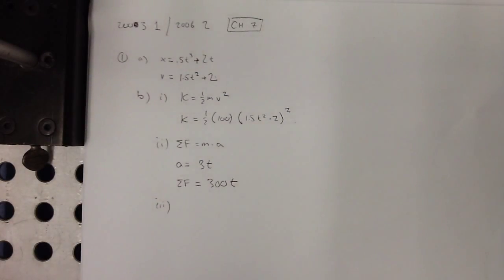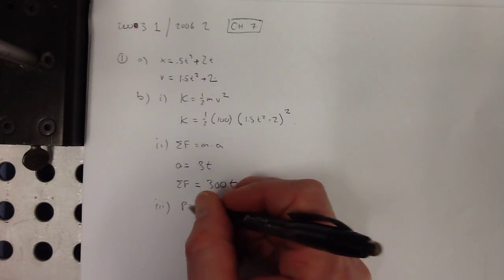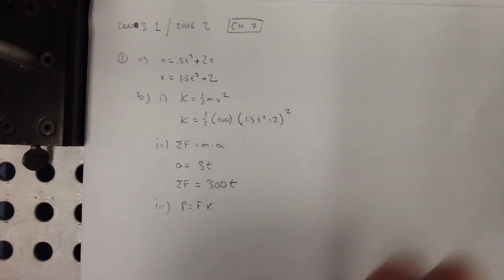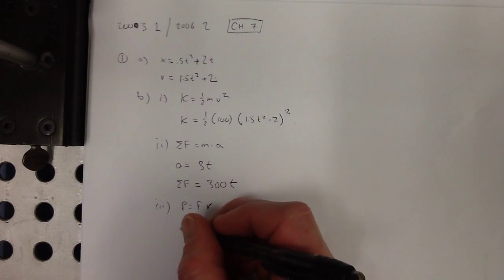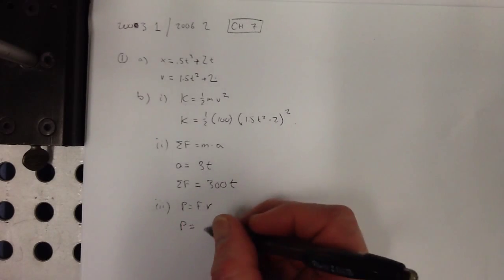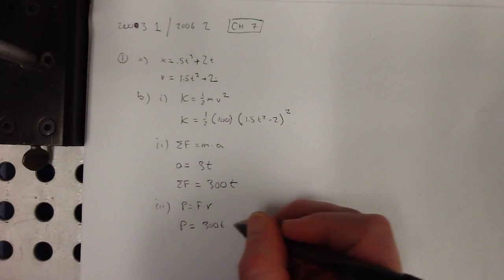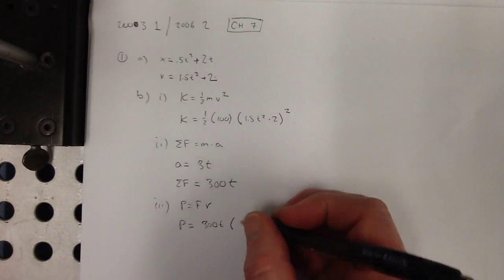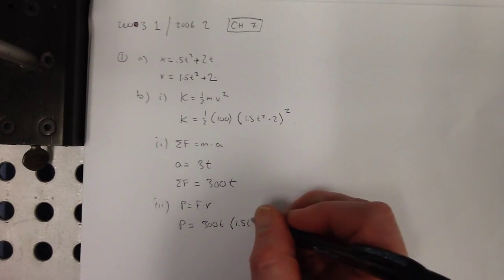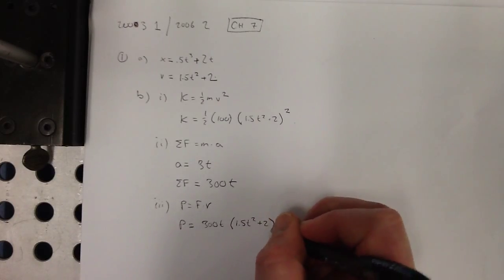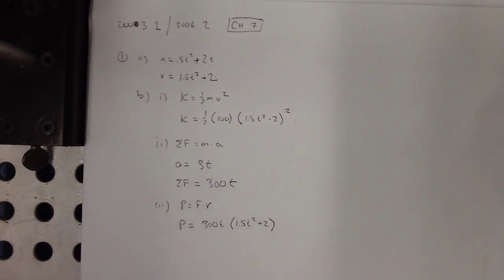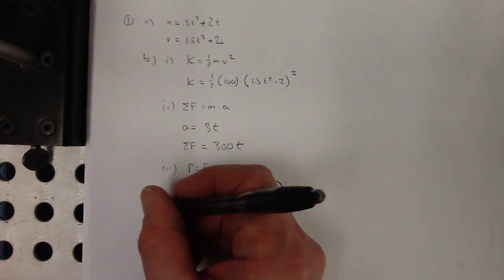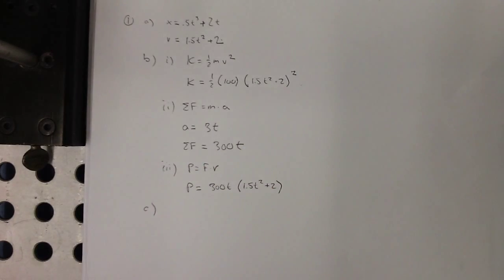Well, they kind of set us up for that, didn't they? Power is equal to force times velocity. So power here would be equal to the force, 300t, times the velocity, which is 1.5 t squared plus 2. You can simplify these things or not. The College Board really does not care about that, so don't stress yourself out.